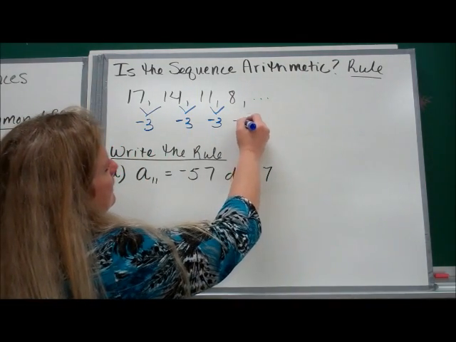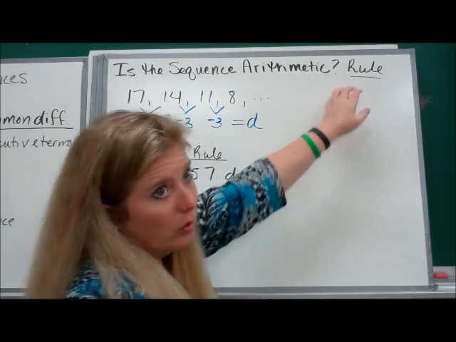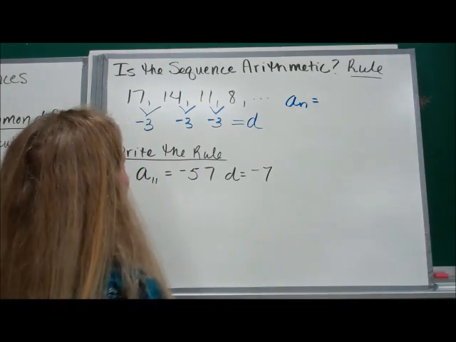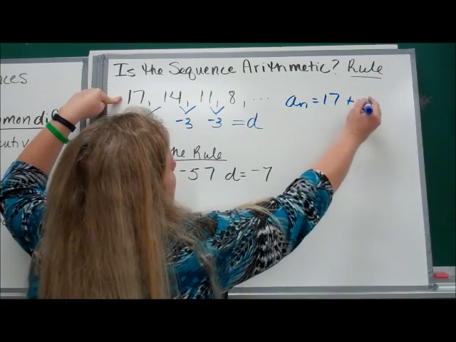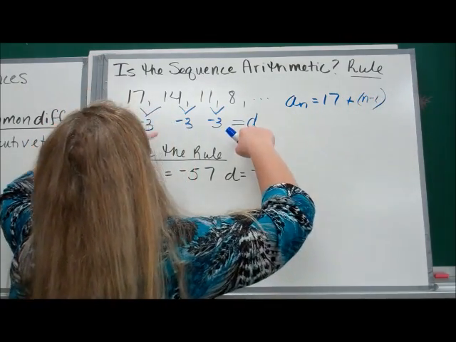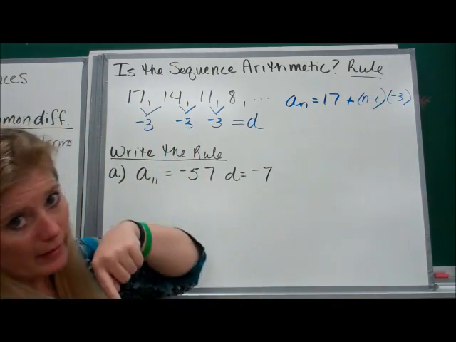So that is d. Now, write the rule. Well, a sub n is going to equal a1, which is 17, plus n minus 1 times d, which is negative 3. Then we simplify that.